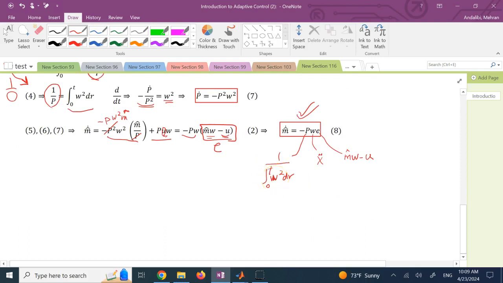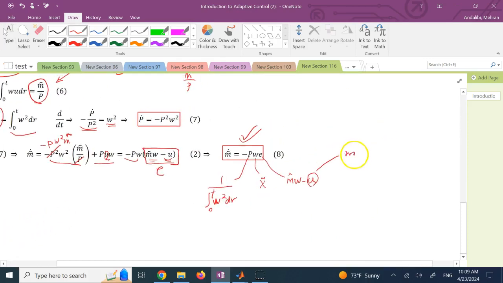And this u, if you remember, was m hat times x desired double dot minus kd times x tilde dot minus kp times x tilde, and x tilde was x minus x desired.